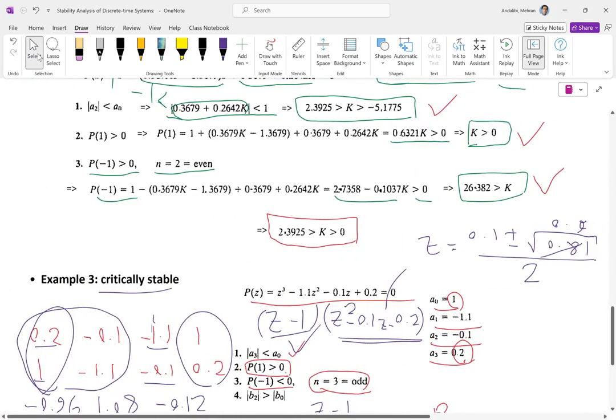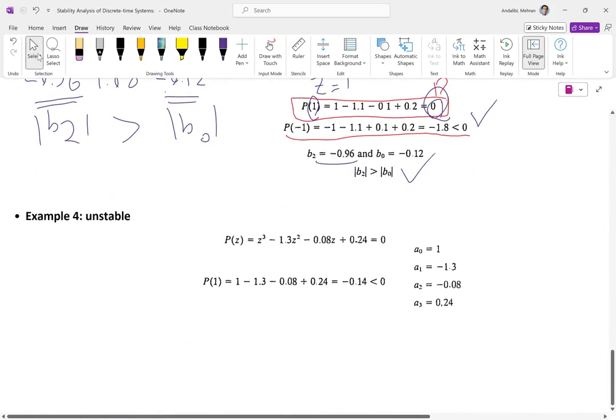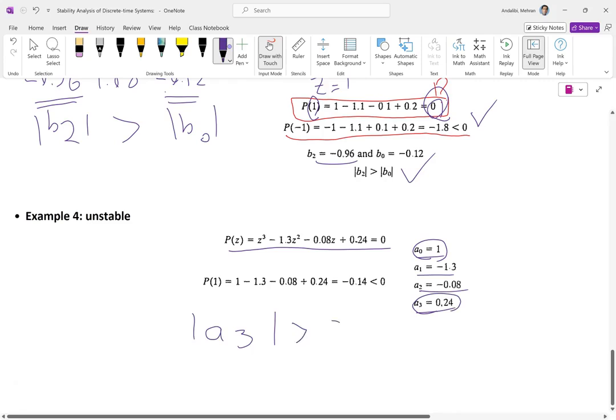Okay, so you learned how to look for critically stable and for unstable systems. Here we're going to look at this last example. This is your polynomial this time, and these are the a's. Clearly a naught is positive, and the magnitude of a naught is bigger than a3, so the first condition is satisfied, which is this, less than a naught.